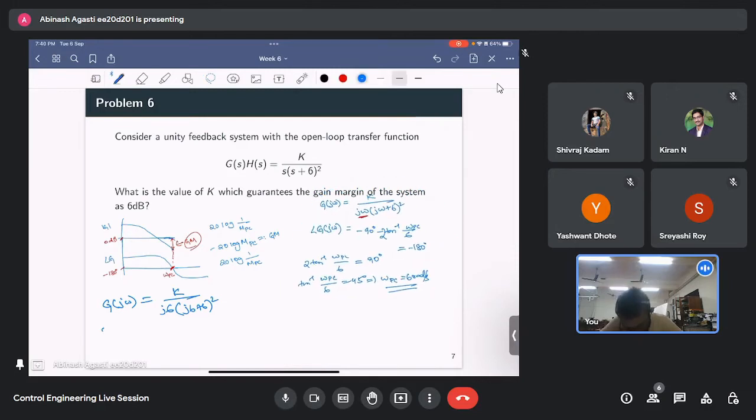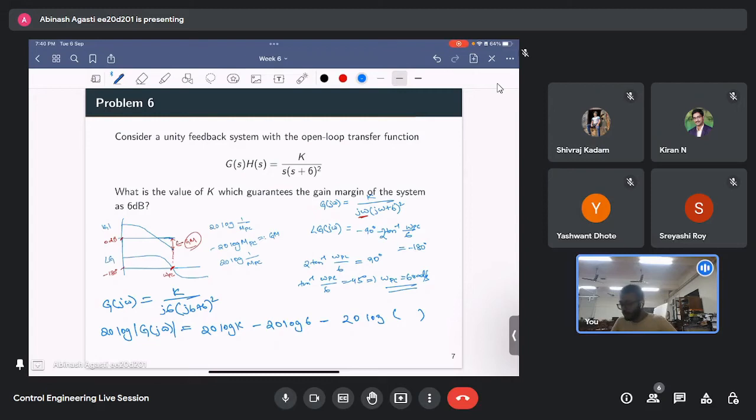I'll write 20 log |G(jω)|, right? So what will this be? 20 log K minus 20 log 6 minus the last term.